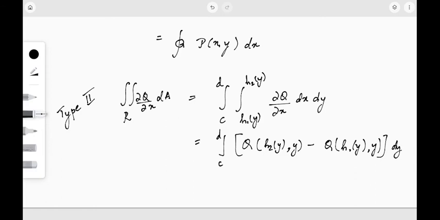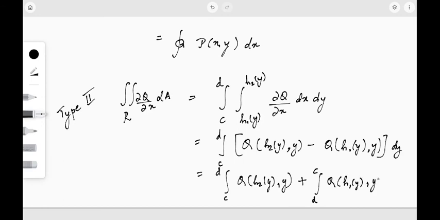So here again, like the previous case, we will change the limits, and we get integral from c to d q of h2 of y comma y plus integral, it is actually minus integral c to d, so it will be d to c. Okay, q of h1 of y comma y into dy.